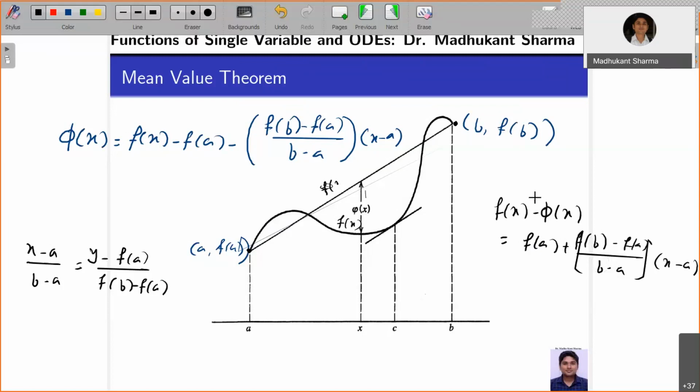So phi of x can be identified by this. You can relate this with this.